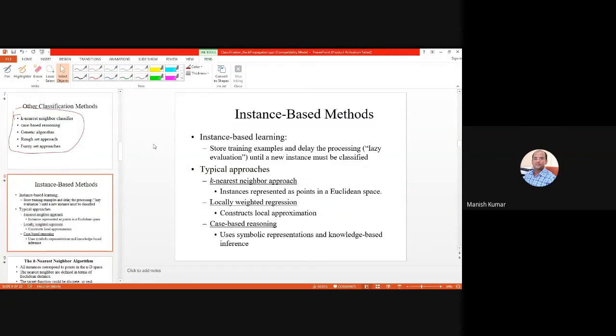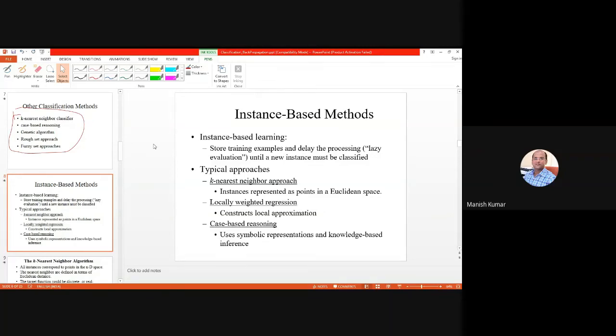So one by one, KNN is an approach based on instance-based learning. Okay. So what it does is it stores training examples and delays the processing. It is a lazy evaluation until a new instance must be classified. Okay.